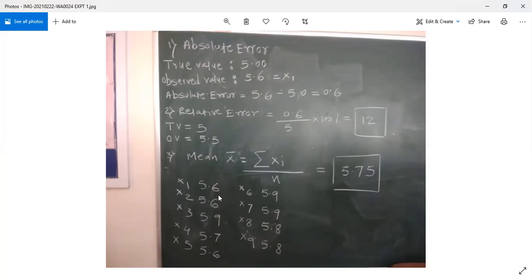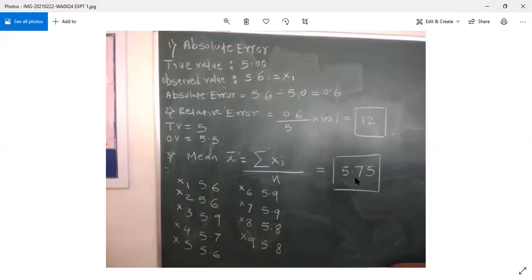You add all the replicas, that is the summation of Xi, and divide by the number of readings, which is 9 here. That gives the mean X bar. Xi is the replica and X bar is the mean.